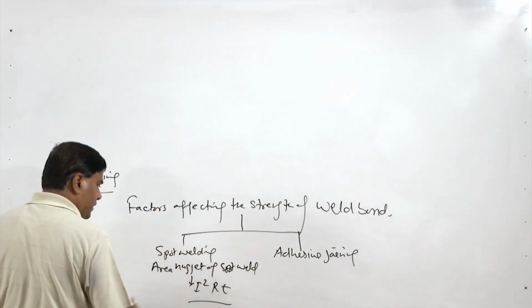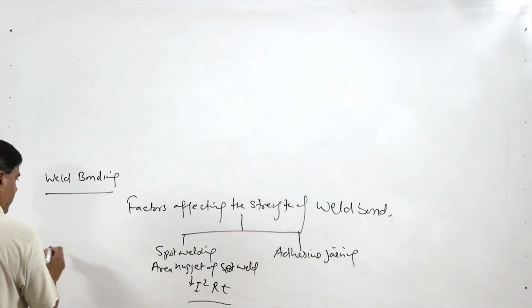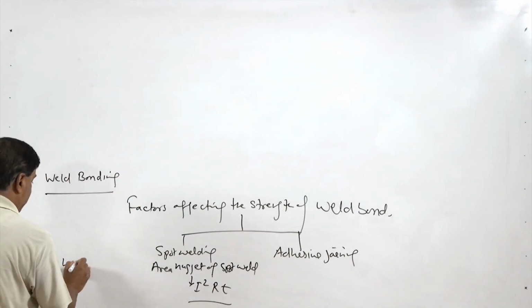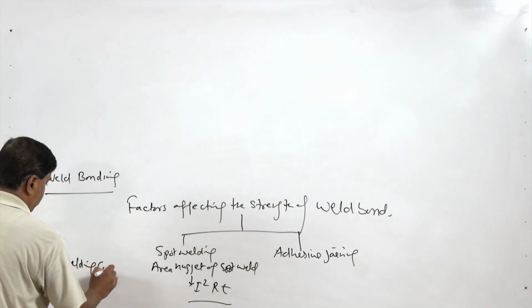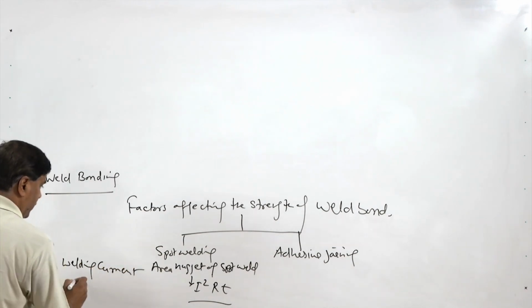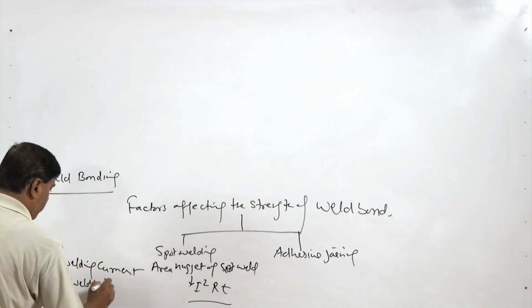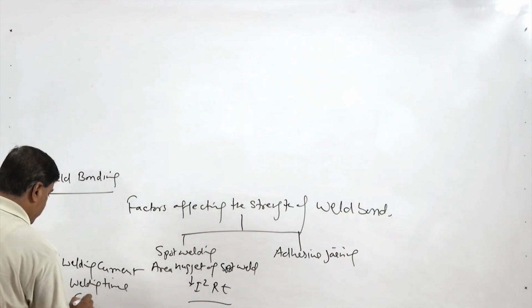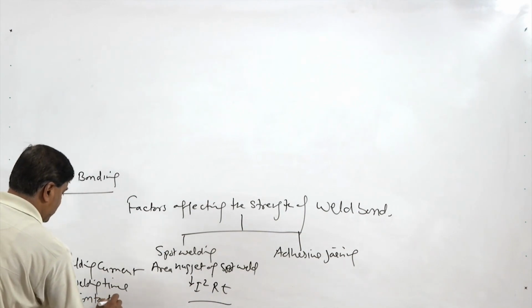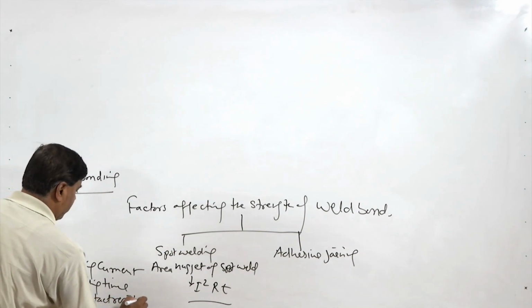So, basically three factors are there here. One is the welding current, two is the welding time for which current is allowed to flow, three is the contact resistance.